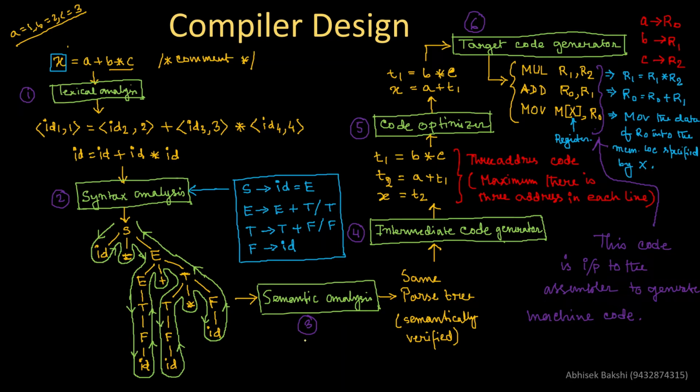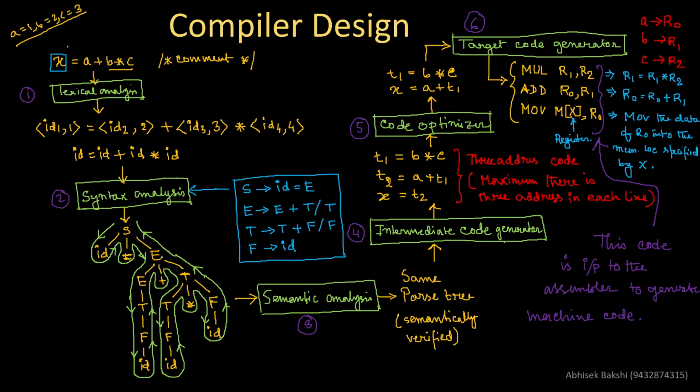So if you can recall what I told you about the syntax analysis output, it basically gives you a parse tree, right? Now the parse tree does not satisfy some constraints.